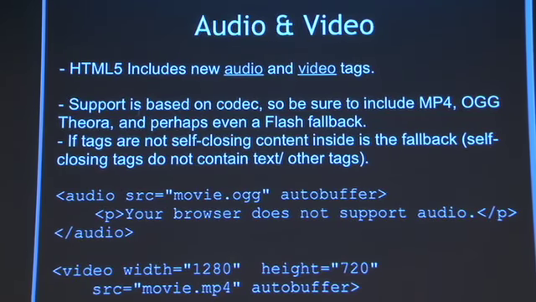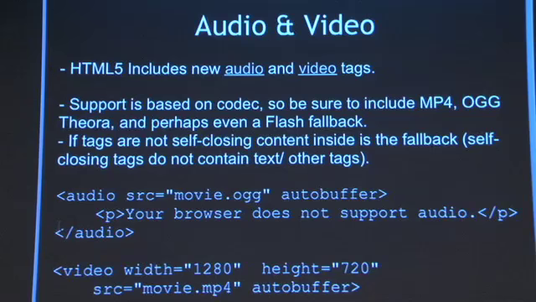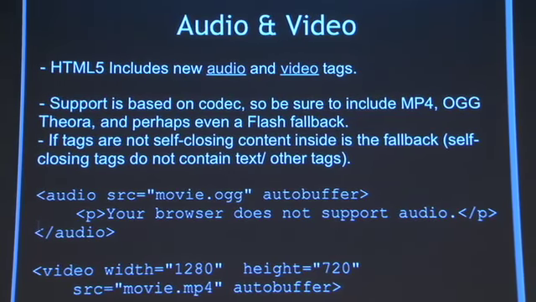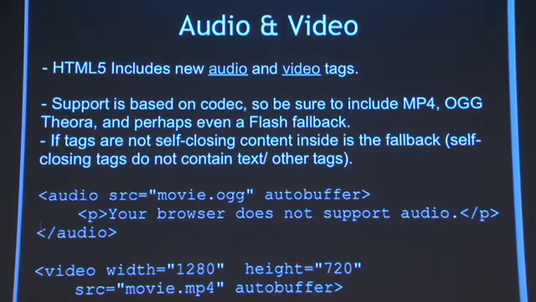Or in the example of the audio tag that I put, ironically named movie.ogg, you can put something inside of it like a paragraph that says your browser does not support audio, and then if the browser doesn't understand this tag, it will then go ahead and present this paragraph. And then the user will see, oh, shucks, my browser doesn't support audio. Guess I got to upgrade.